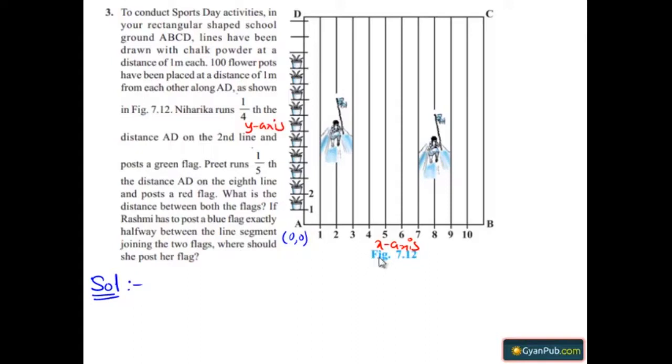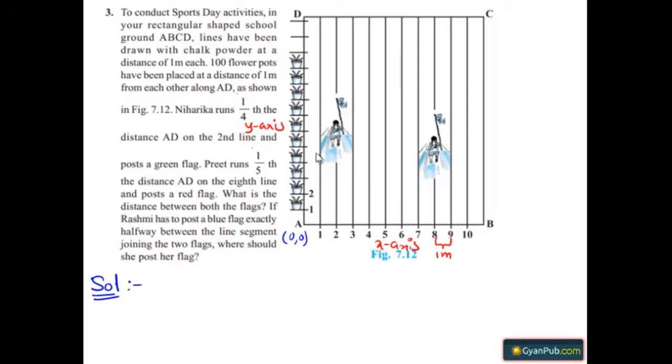Lines have been drawn with the chalk powder at a distance of 1 meter each. That is, each unit on the x-axis represents 1 meter. 100 flower pots have been placed at a distance of 1 meter from each other along AD.